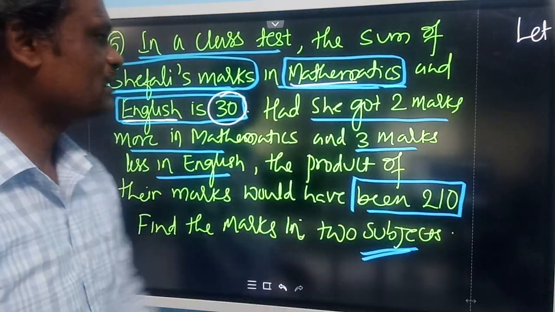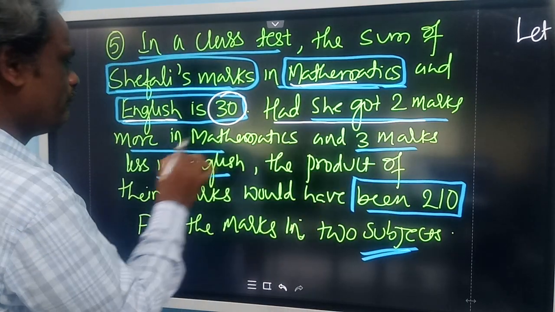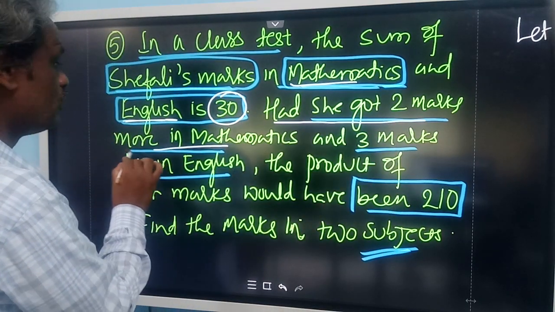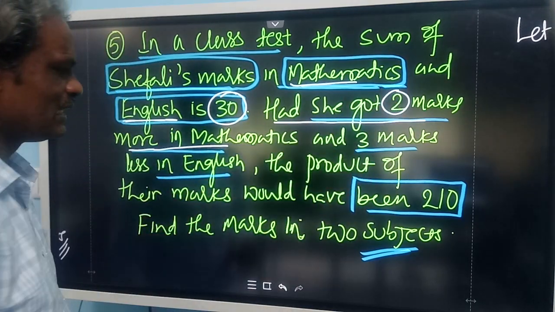Now come to the second part. Had she taken 2 marks more in mathematics and 3 marks less in English.